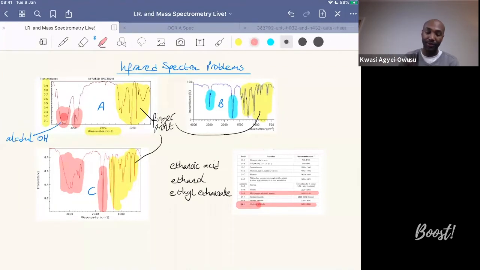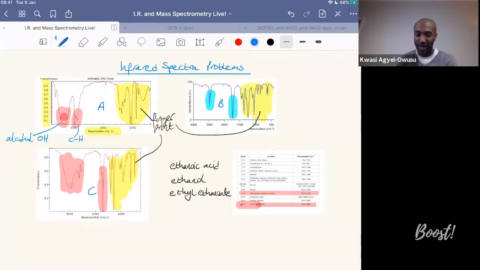Okay, but I think it's still worth labeling all the same. So CH absorbance there. Okay, so with an alcohol OH and a CH, it's looking good that A is ethanol.